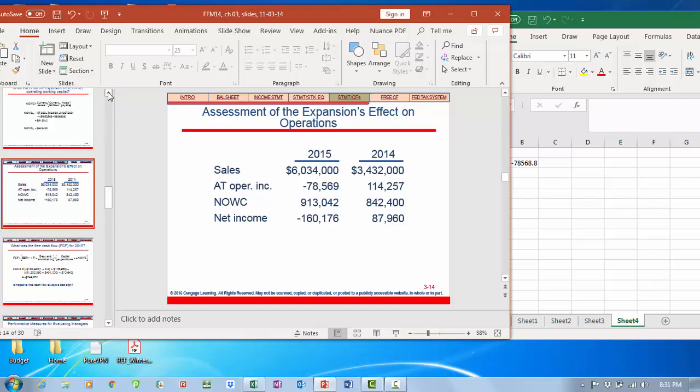After tax operating income has gone into a loss. Net operating working capital does look nice on paper, but like I said, view it with caution, because you have a large portion of that amount locked into your inventory, which still hasn't sold. And then net income is obviously, as you can see, into a loss.